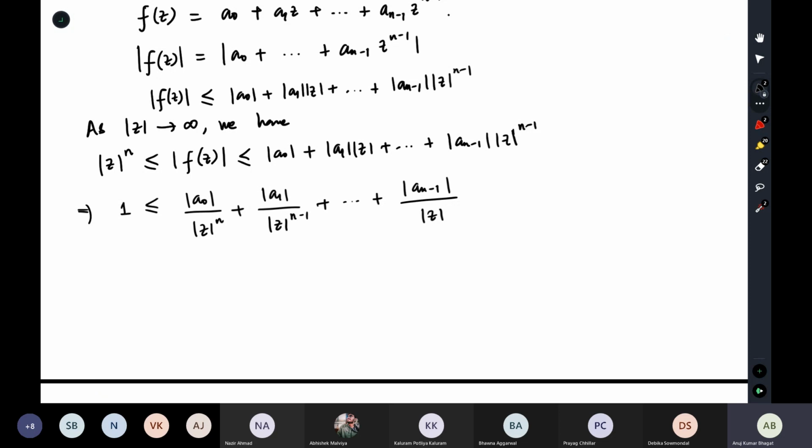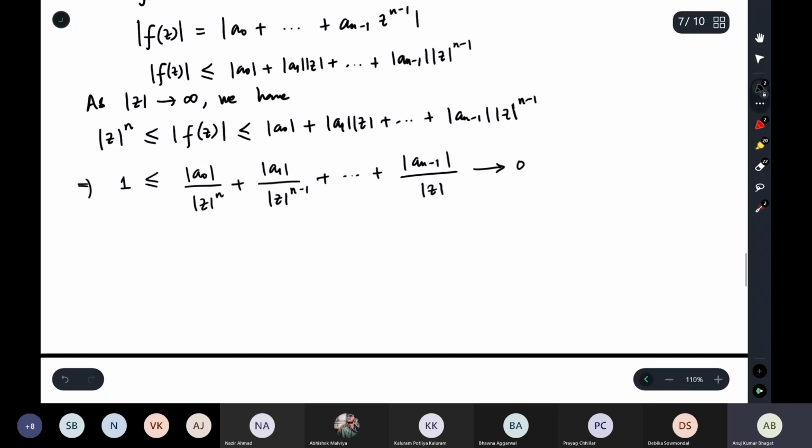Do you agree what I have written here? Yes, sir. So this goes to 0, because mod z tends to infinity, which is a contradiction, because 1 is not less than or equal to 0.